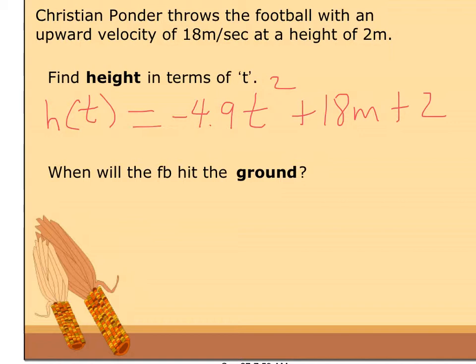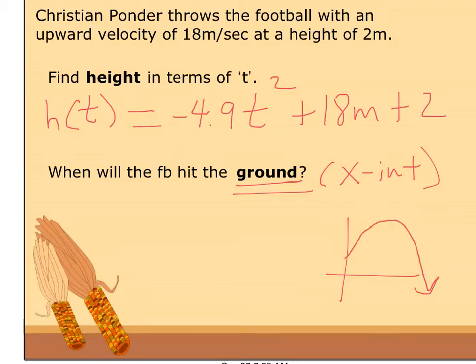When did the football hit the ground? This is exactly what I was talking about earlier. The key here is to recognize this is a question about finding x-intercepts. I've got my starting height of 2. The ball goes up, gravity acts on it, and it comes back down.